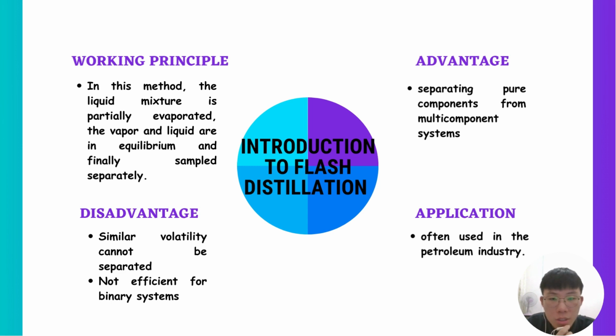The disadvantage is that components with similar volatility cannot be separated in a binary system, as it is not an efficient way to obtain a completely pure component. The application of flash distillation, where multi-component systems are processed in pipe steels, is often used in the petroleum industry, as in this project we need to separate ethane and propane.